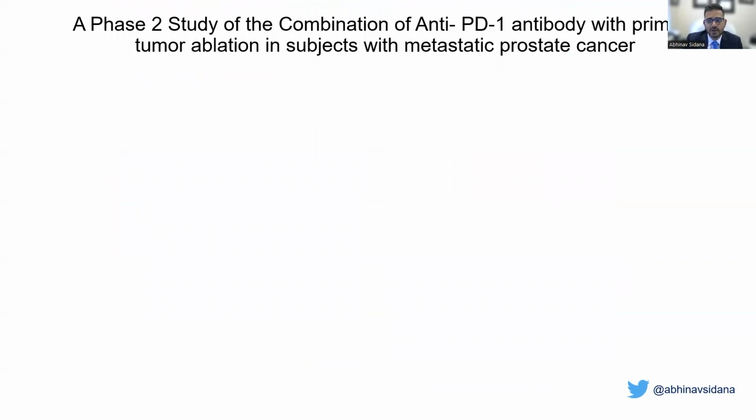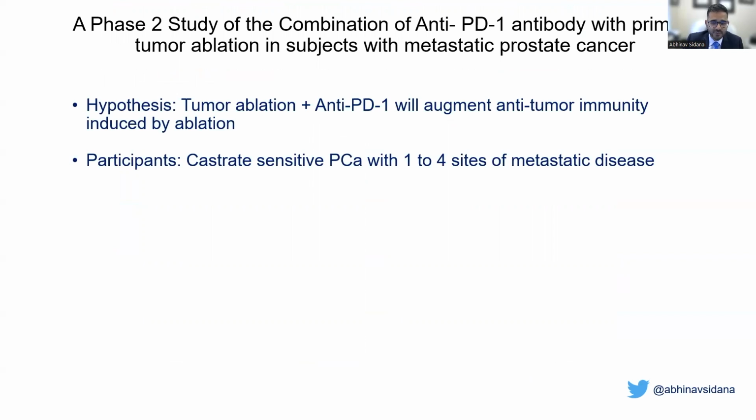We've been working with our collaborators in medical oncology and industry to develop a phase 2 study of ablation-induced immune response augmentation in humans. And we are hoping to enroll patients who have castrate-sensitive prostate cancer with minimal metastatic disease.